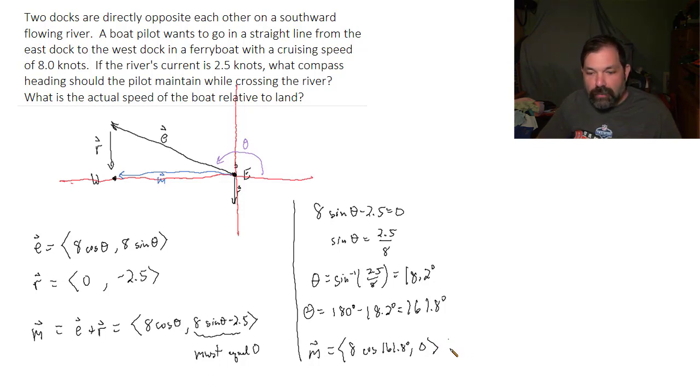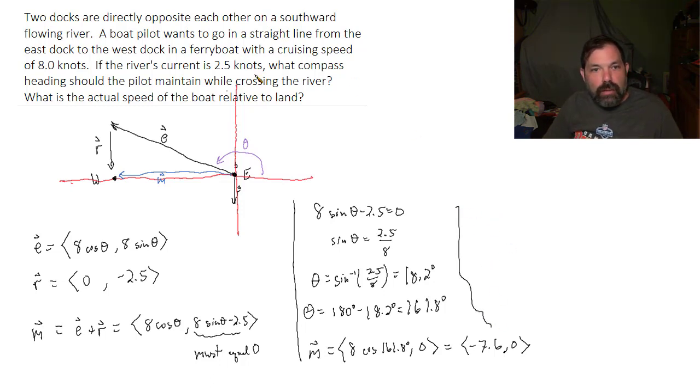So approximately negative 7.6, 0. So our resultant vector, which I called m, is the vector negative 7.6, 0.